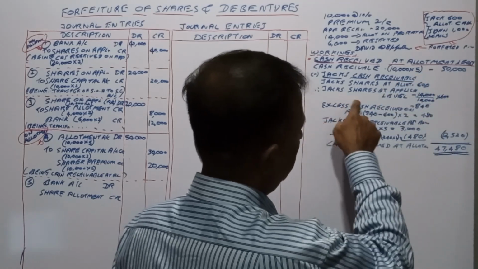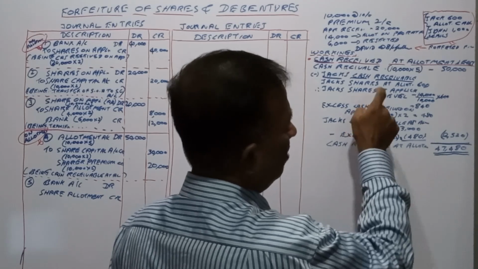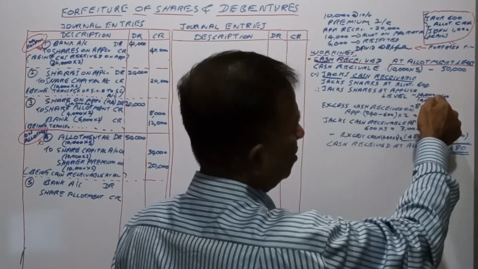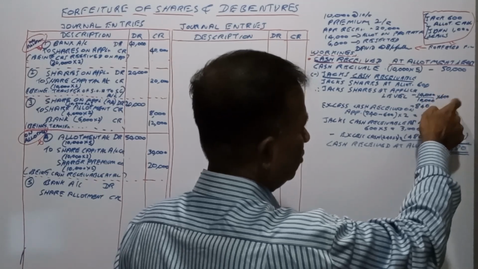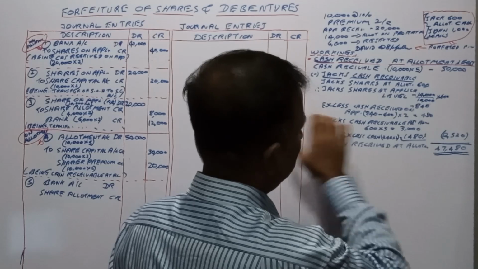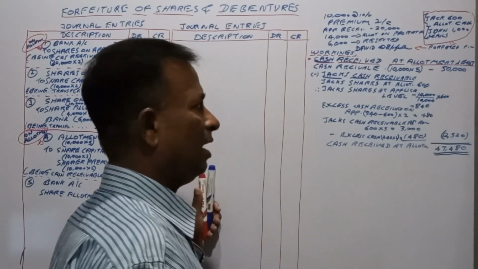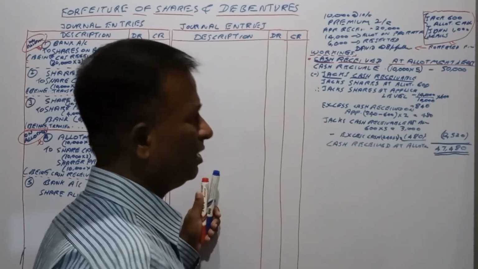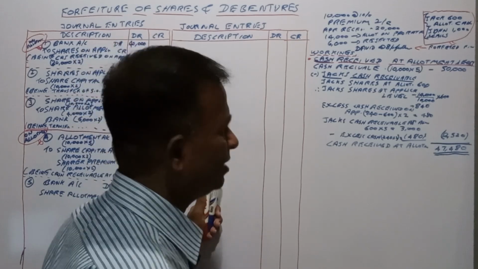If he has got 600 at the allotment level, he would have paid at the application level for higher shares. So we want to find out the shares he applied for at application level: 14,000 divided by 10,000 into 600, that is 840 shares, and he was allotted 600 shares on pro rata basis.